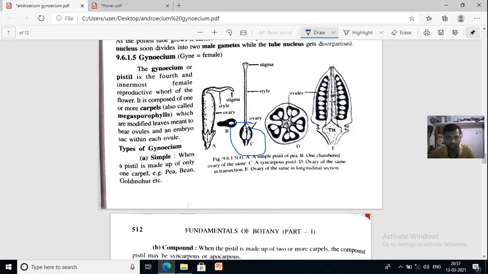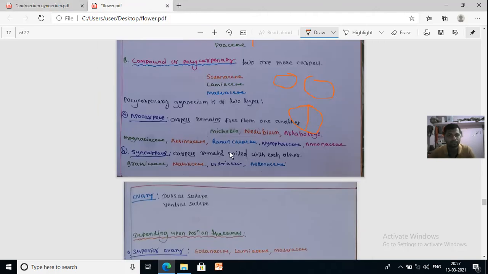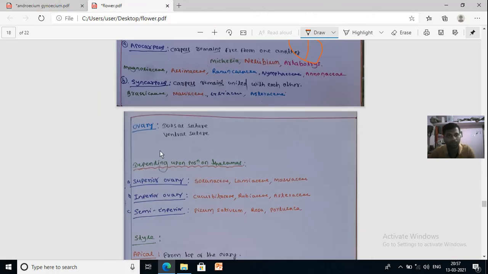Suppose this is a single carpel, having only one ovary, one style and one stigma. Look at the ovary: it has two sutures, one the dorsal suture and the other the ventral suture.